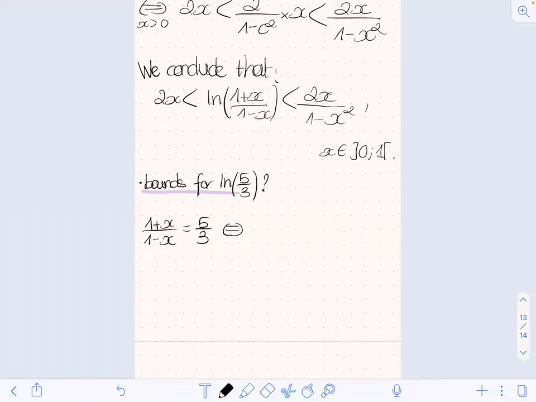And so we've got some sort of equation to solve, and that's equivalent to 3 plus 3x equal to 5 minus 5x. And if we just rearrange things a little, we should have 8x on the left-hand side and 5 minus 3, so 2, on the right-hand side. So we get x equal to 1 over 4. And that belongs to the open interval 0, 1.